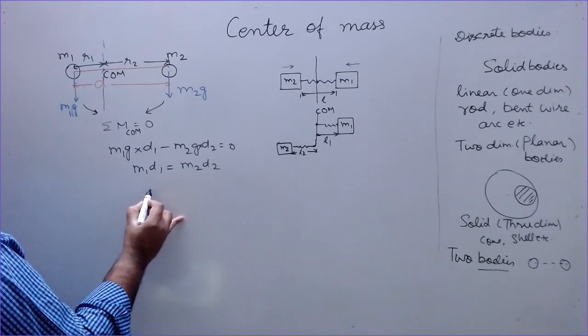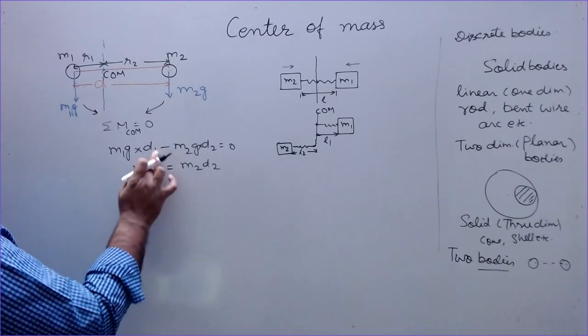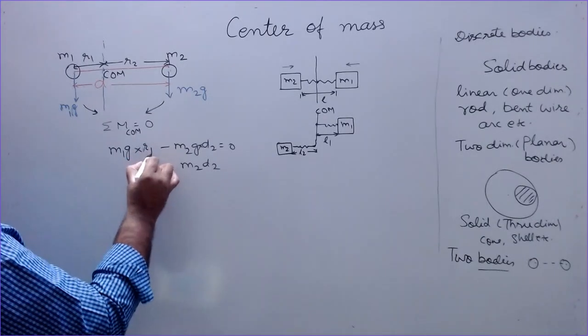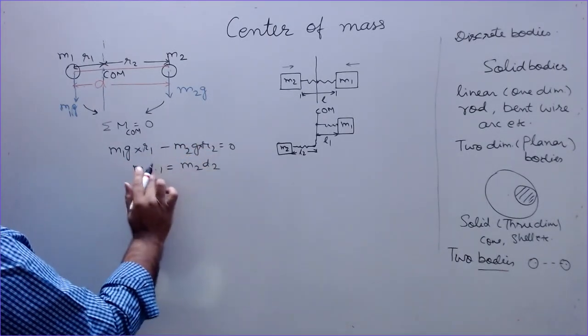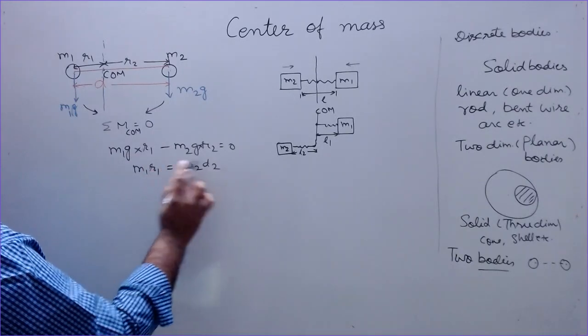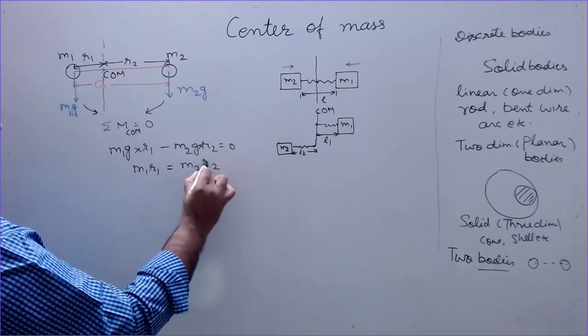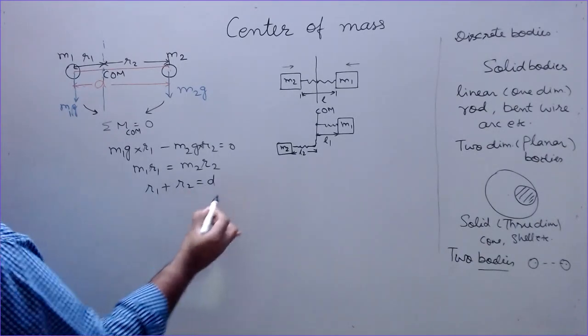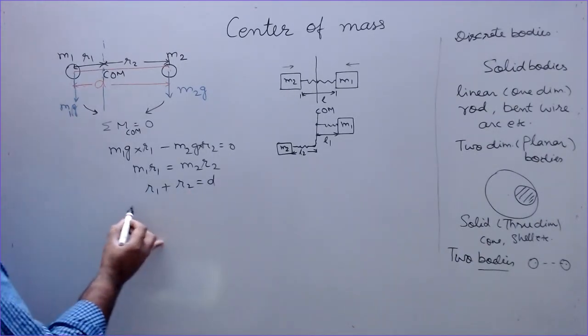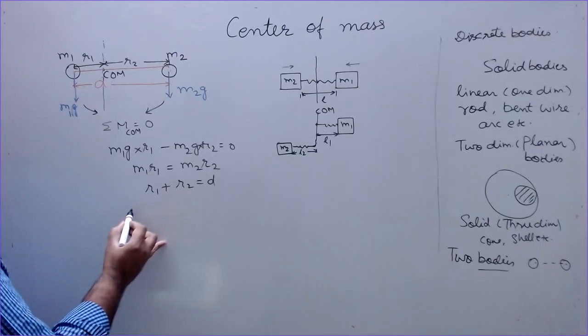And I have written this d1, sorry, this is R1. So M1 R1 is M2 R2, and R1 plus R2 is equal to D. Now we can solve this, putting the value of R2 here.